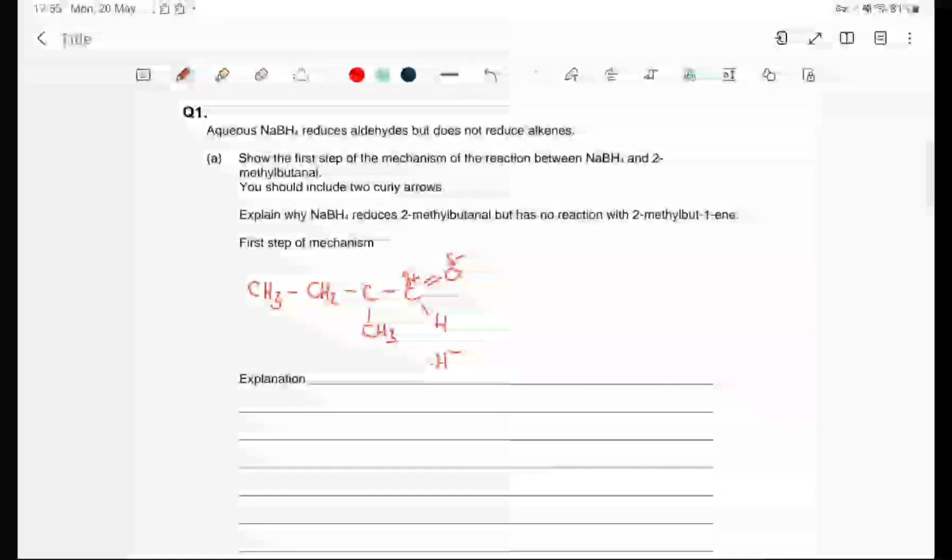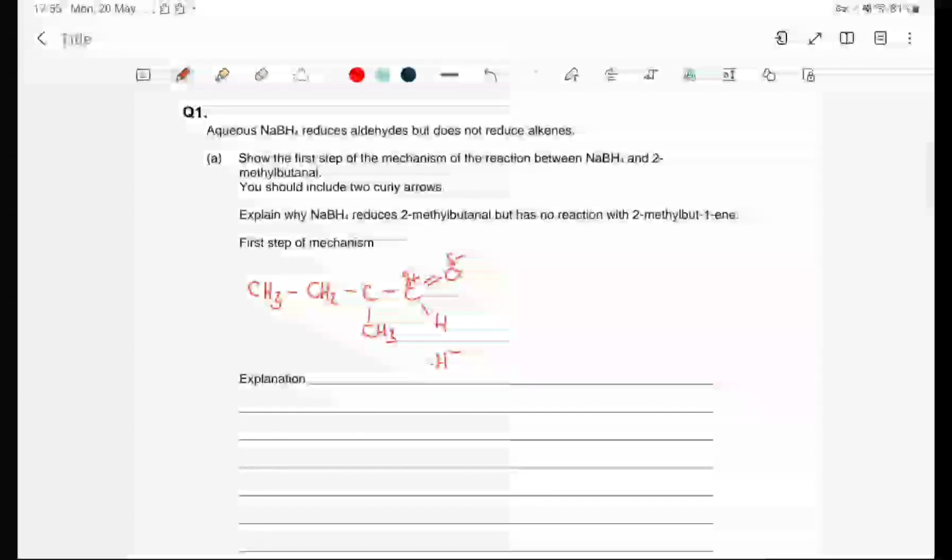It is logical then that the hydride is going to be able to attack the delta positive carbon. When we say attack, generally what we mean is form a bond. So we represent this, of course, with a curly arrow. A curly arrow is the movement of a pair of electrons, which means it always needs to come from the pair of electrons, which I've already drawn in on my hydride, so I've already drawn my lone pair in, and the curly arrow needs to go to where it's forming the bond.